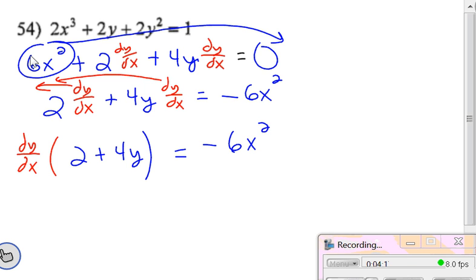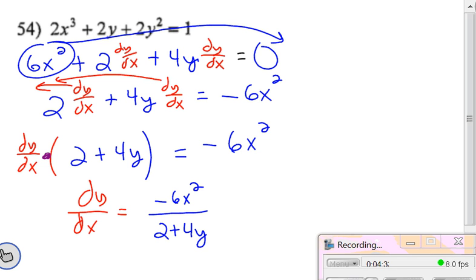Last step, what's holding these two things together? Multiplication, so we'll break it with division. We'll divide the blue stuff over to the right. So dy dx equals, and we have negative 6x squared, all divided by this stuff. There's our derivative.